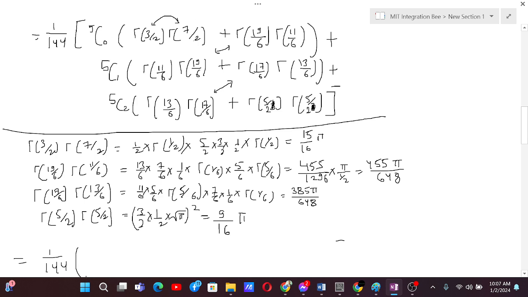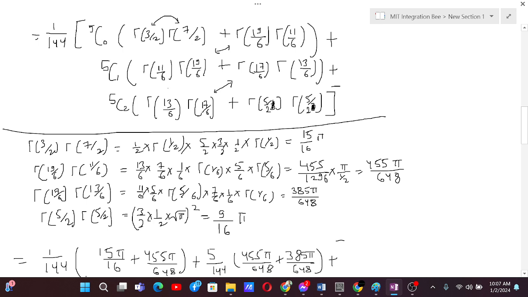So this one is 15 pi by 16. 15 pi by 16 plus 455 pi by 648 plus, this one is 5C1 is 5, so 5 by 144, and then 455 pi by 648 plus 385 pi by 648, plus 5C2 is 5 times 4 by 2, 20 by 2, that's 10.